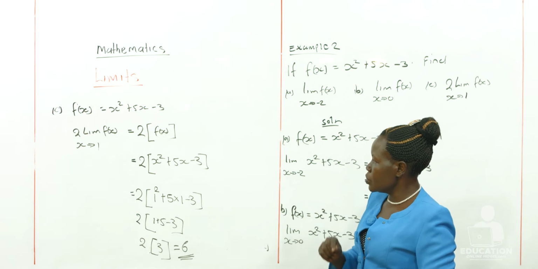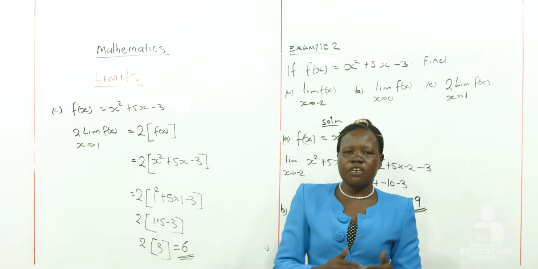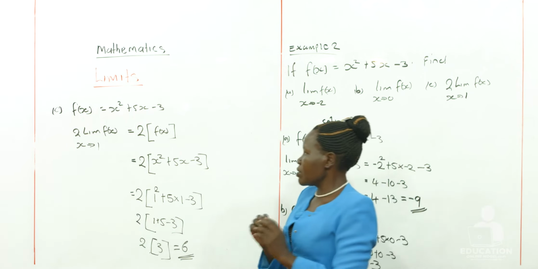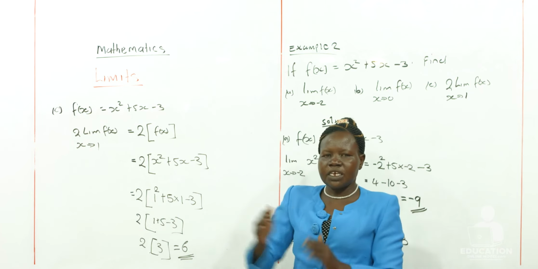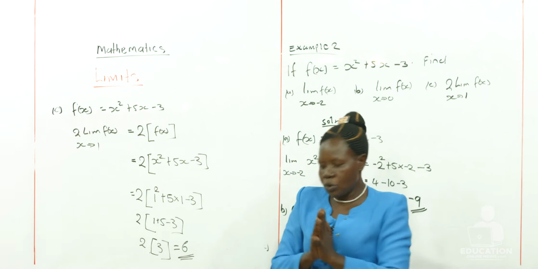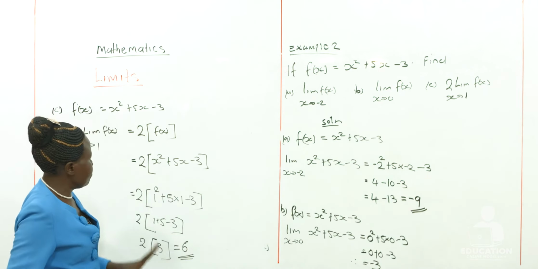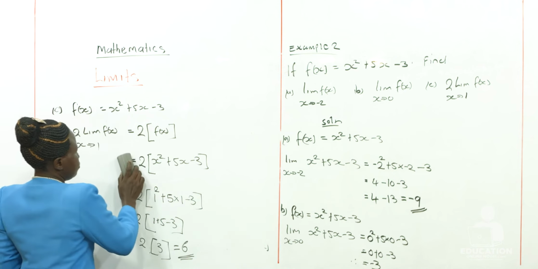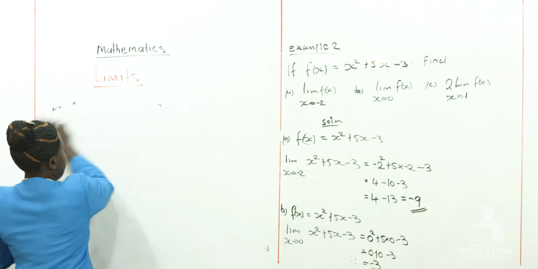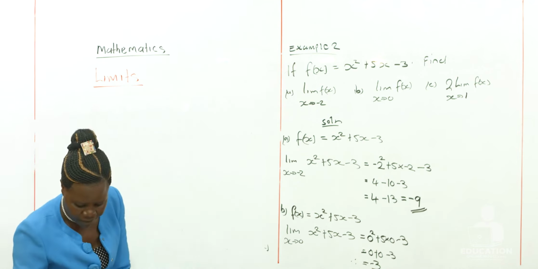And take note, when the constant comes before a limit, it affects the whole function. And when the constant comes after a limit, it will only affect the variable. That is what you are supposed to know. So I hope you have picked something from these 2 examples on how to deal with the limits of linear and quadratic functions.